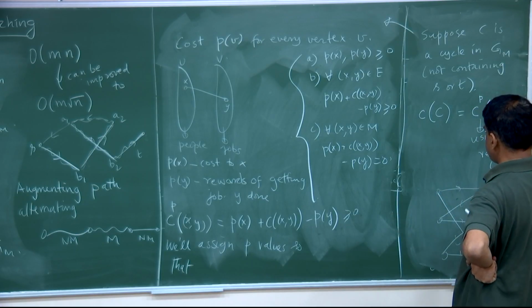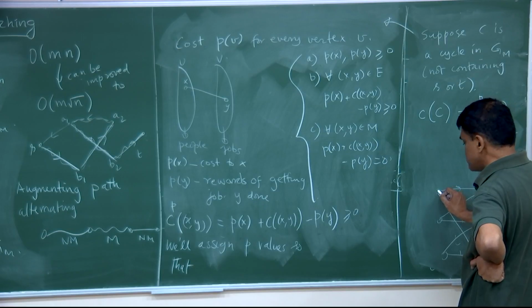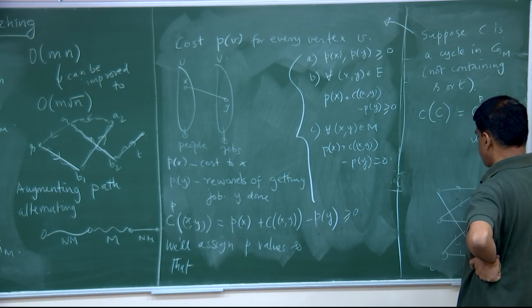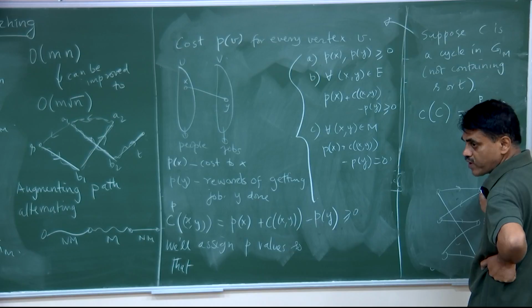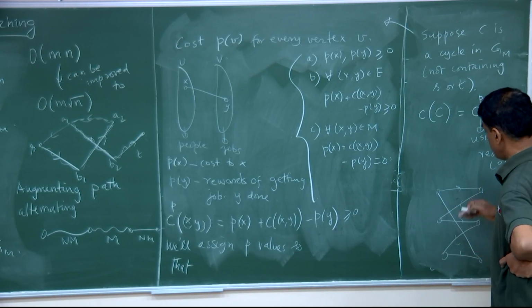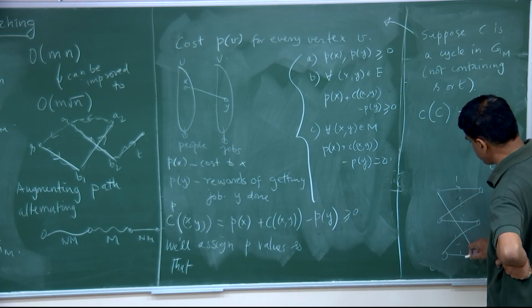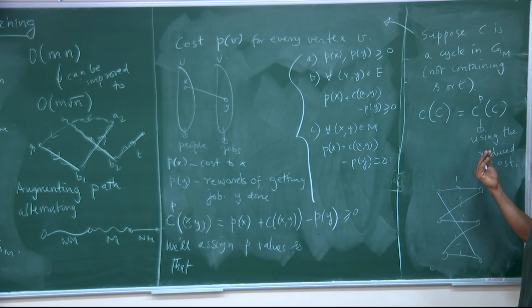It simply adds this vertex's p value and subtracts the other vertex's p value to the edge cost. Now I take the reduced cost of each of these edges and add them all. Both the costs are the same. Do you see that? Why? Because the p's will cancel out.